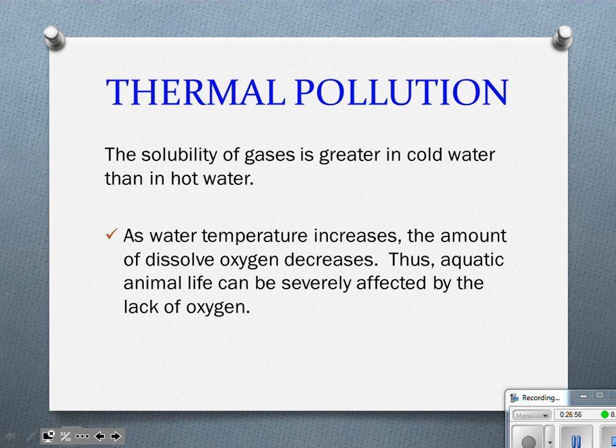Okay? So if we have this thermal pollution, if we have hot water, it's going to have less oxygen. Do you think having less oxygen in a lake would harm the aquatic animal life? Yeah. Most definitely.